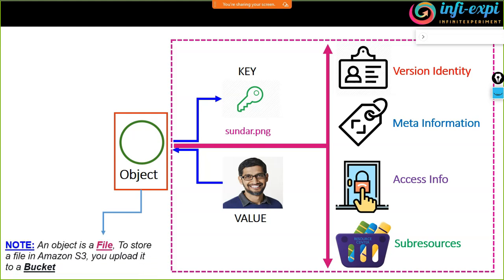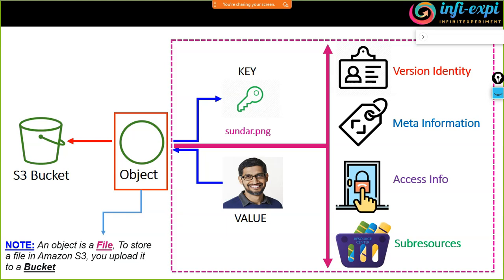An object is a file. To store a file in Amazon S3, you upload it to a bucket. Simple. Technically it is an object, but the object will be stored as a file inside your bucket. So you can see that it goes straight into your bucket, right?